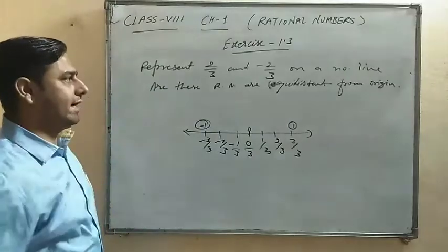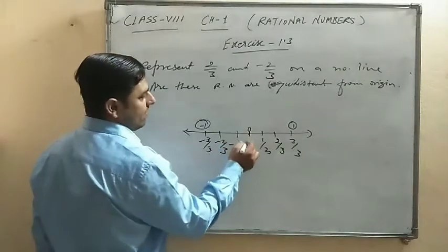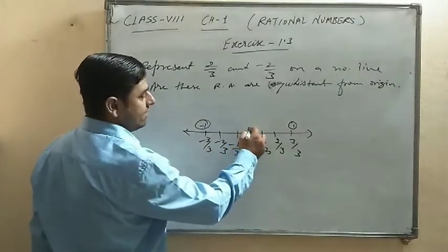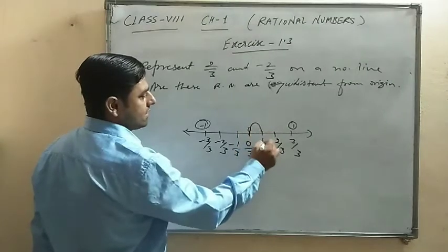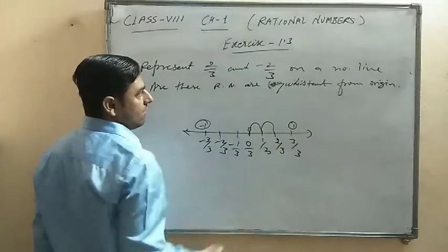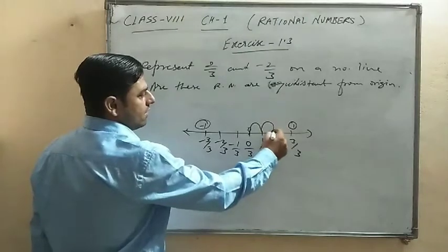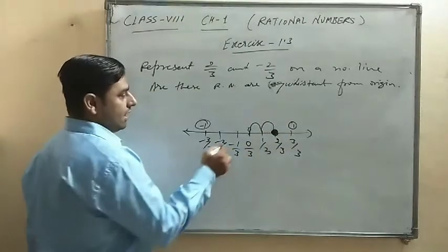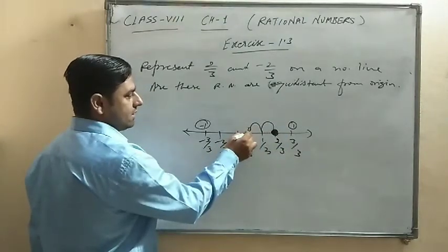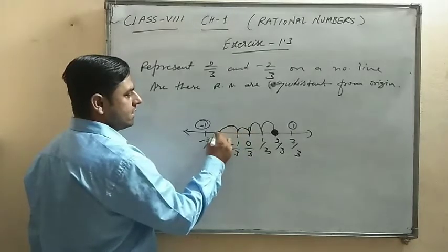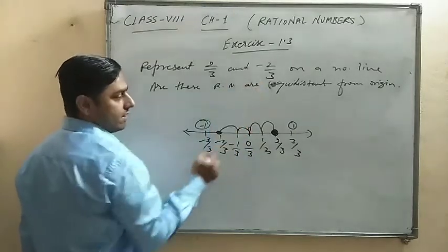So now you can check here, from the right side of the origin it covers 2 units, because here 2 by 3. On the left hand side from the origin, it also covers 2 units, because here minus 2 by 3.